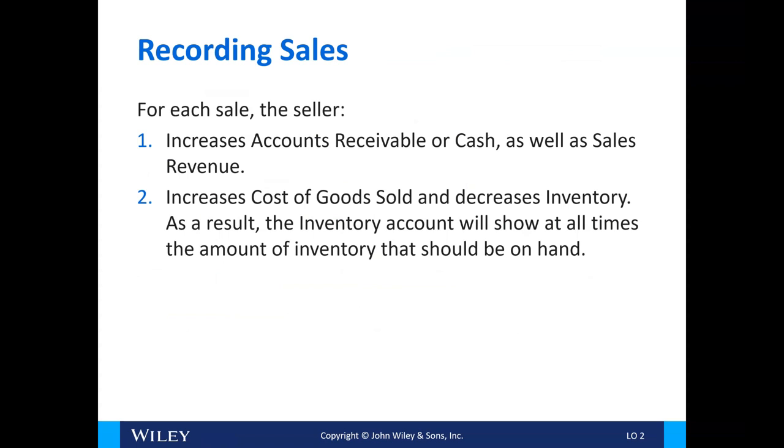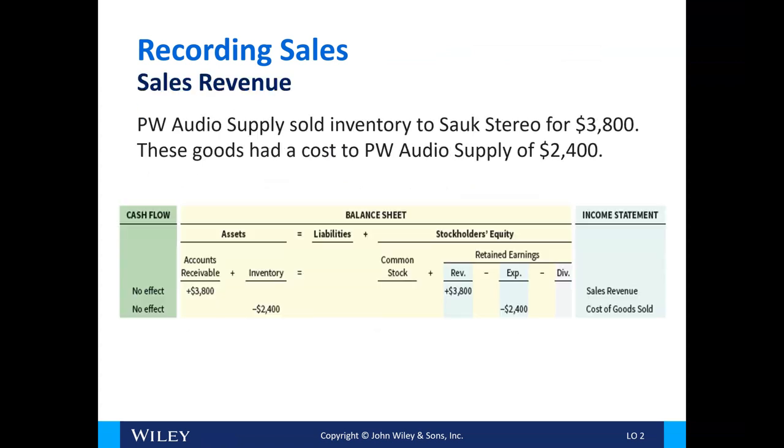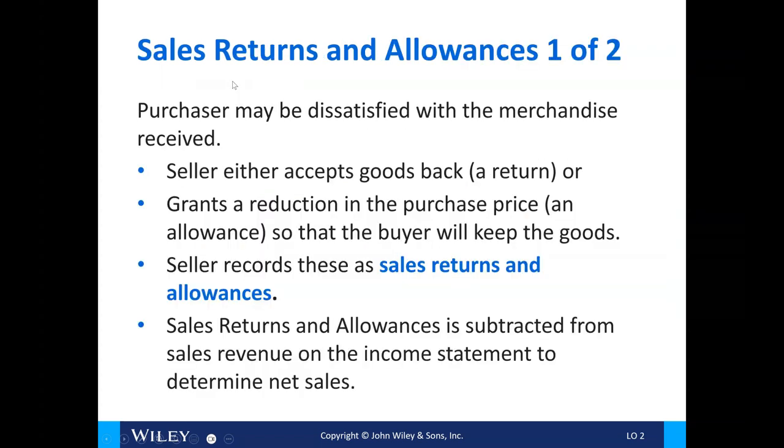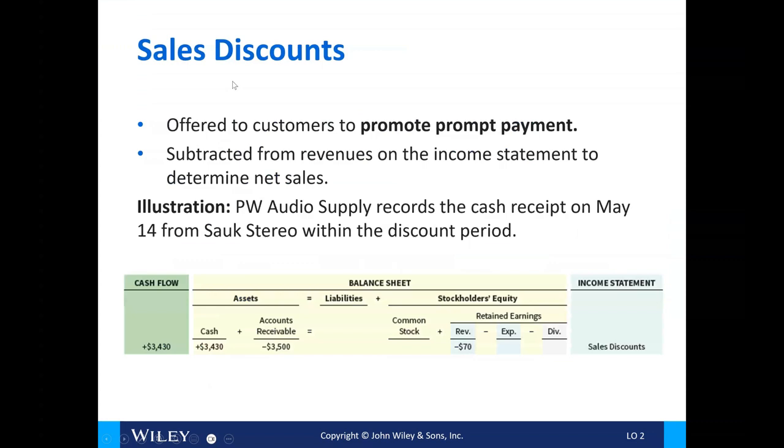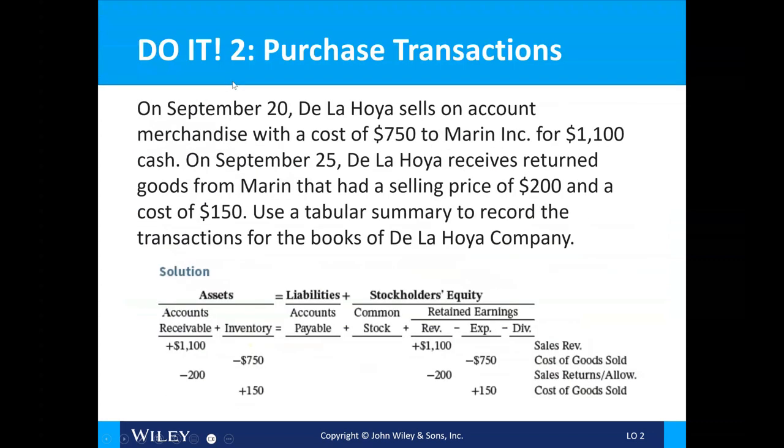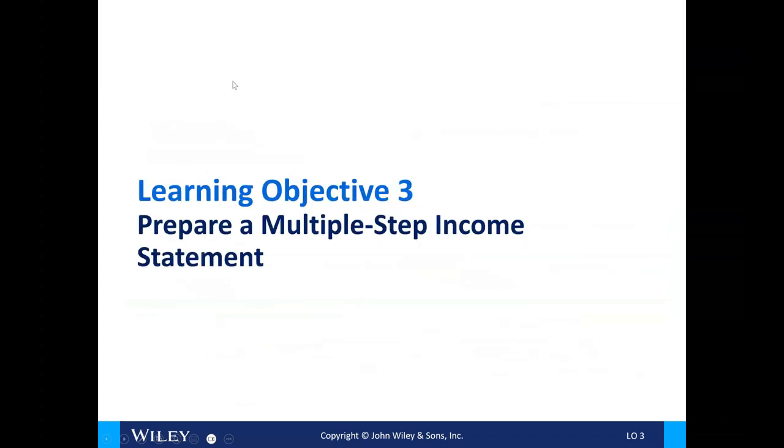We will also increase cost of goods sold and decrease inventory. So every time you scan at whatever store you go to, that automatically posts to the accounting system. And so this is really the other side of purchasing.